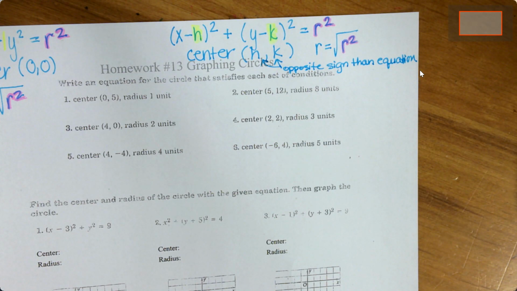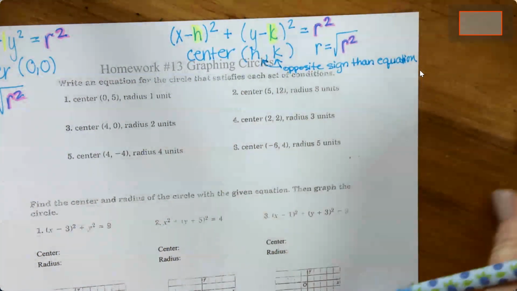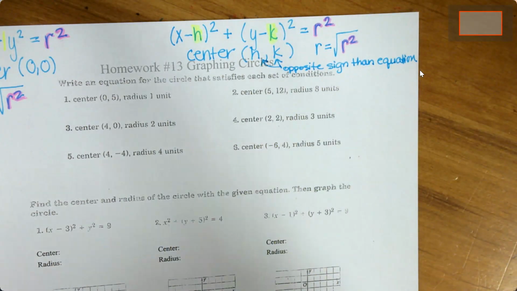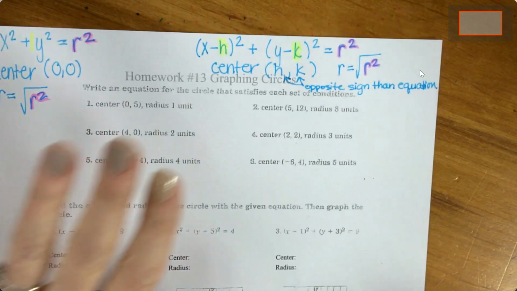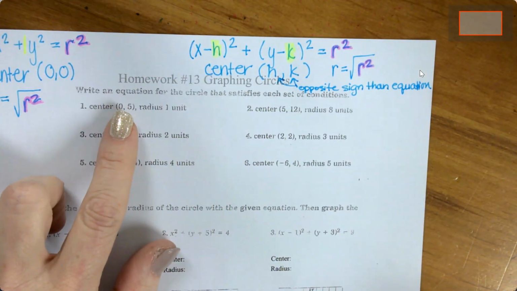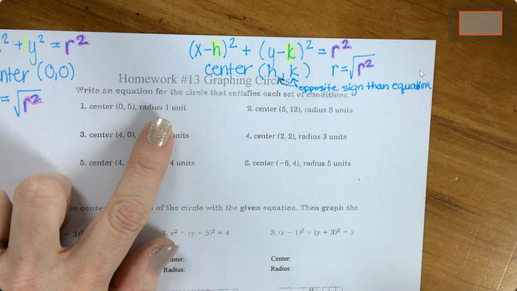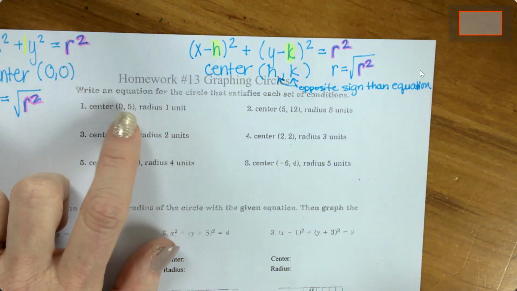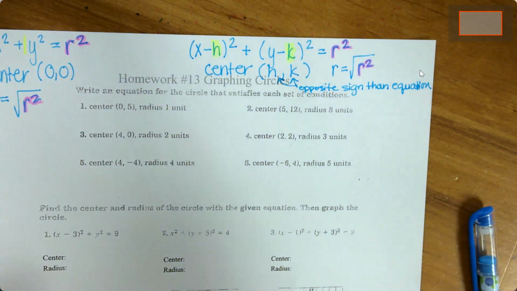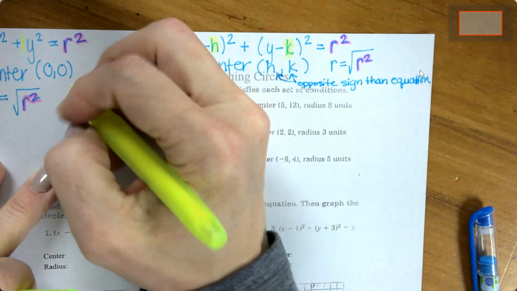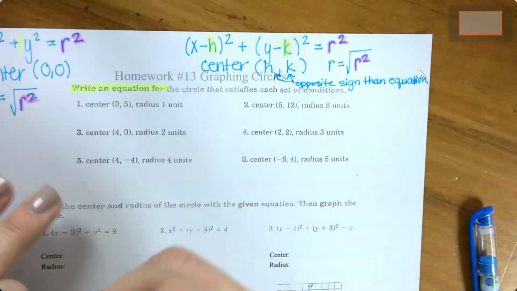So here's my center, and this is h, and then k, and then it says the radius is 1 unit. Well, what would 1 squared be? So if this is r, what would r squared be? What's 1 squared? 1. Very good.